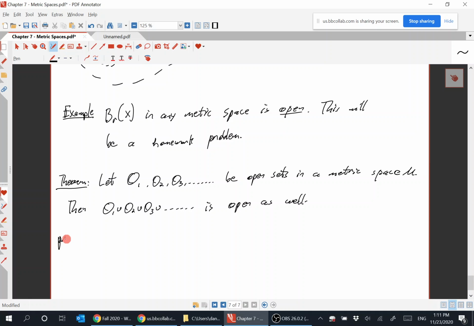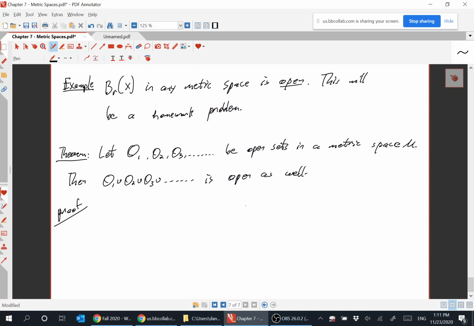Proof. We have a bunch of open sets in a metric space M, and we want to show that the union of all those open sets is still open.